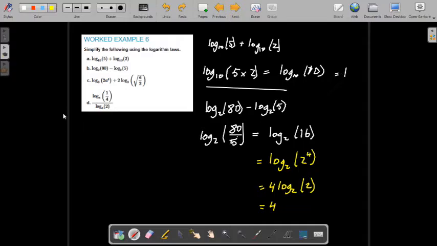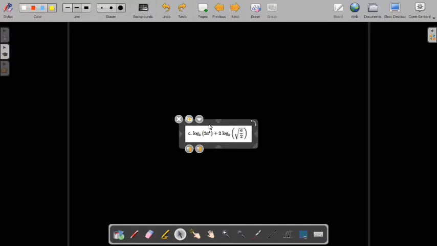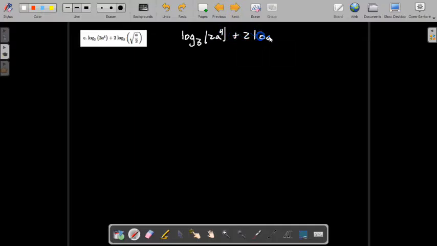Part C, and we're getting more complicated. I'll cut this out just so we have more space. So we've got log 3 of 2a to the 4 plus 2 log 3 of square root of a on 3.